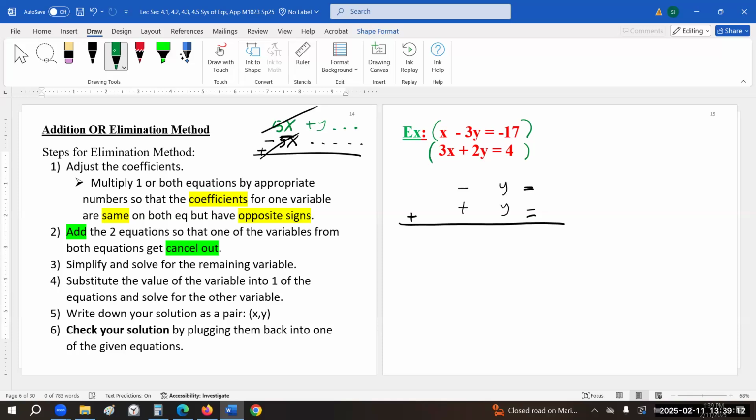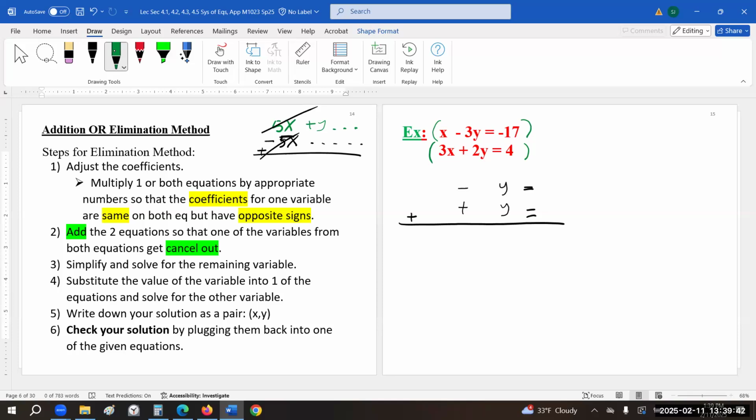So what can you multiply by so it becomes a bigger number, but it will match with the second y? Then we don't worry about the sign because the signs are already opposite. So your 3 is correct, but you're not going to multiply the first one.